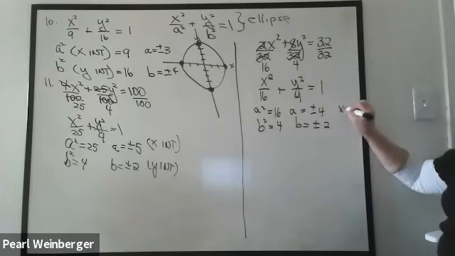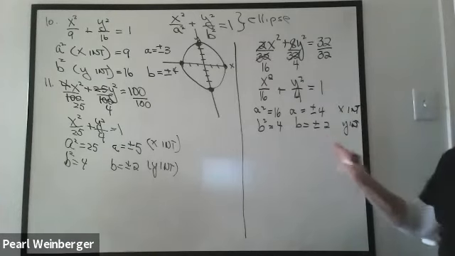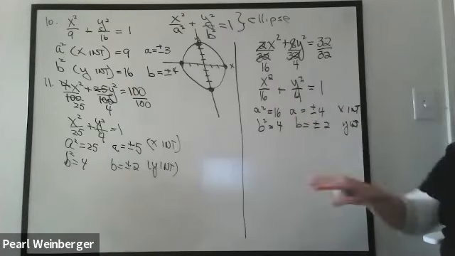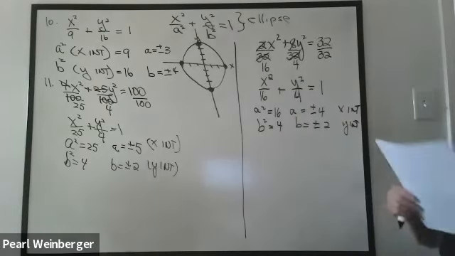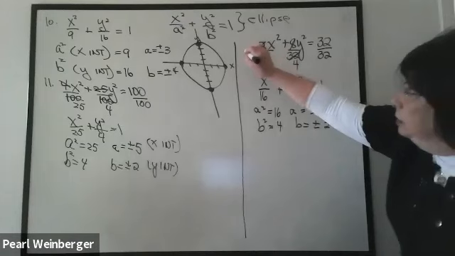So this is my x-intercepts, and this is my y-intercepts. And again, I go 4 left and right, 2 up and down, and connect my ellipse. So that was question number 12.